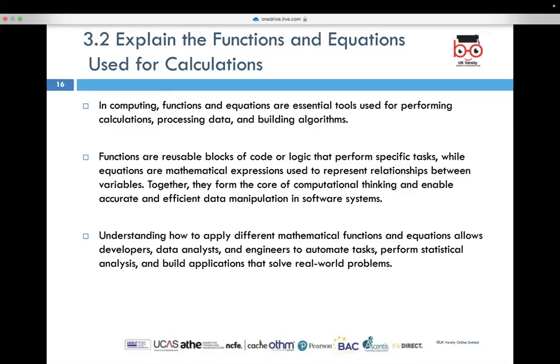Together, they form the core of computational thinking and enable accurate and efficient data manipulation in software systems. Understanding how to apply different mathematical functions and equations allows developers, data analysts, and engineers to automate tasks, perform statistical analysis, and build applications that solve real-world problems.